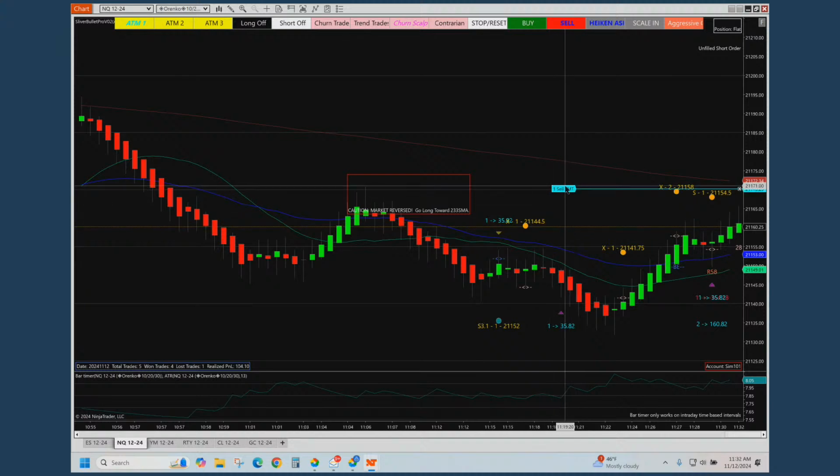If the market comes here, and I would expect it to come to this level, this swing high, and then give me a few ticks of profit. So that feature is also there.